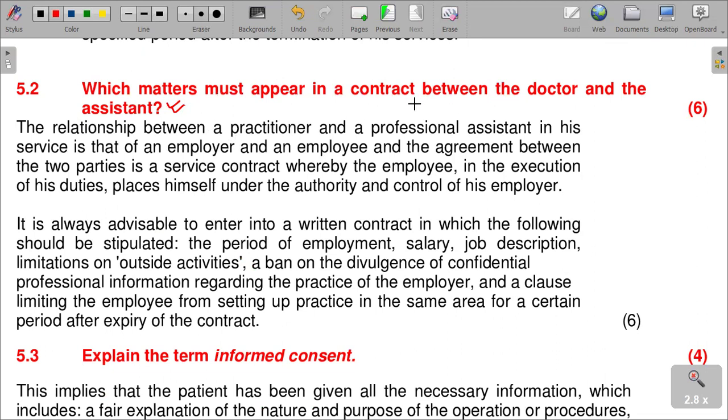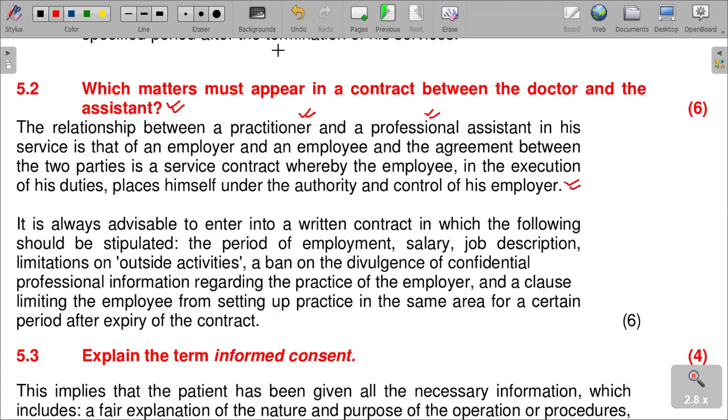Which matters must appear in a contract between the doctor and the assistant? The relationship between the practitioner and the professional assistant in his service is that of an employer and employee, and the agreement between the two parties is a service contract, where the employee, in the execution of his duties, places himself under the authority and control of the employer.